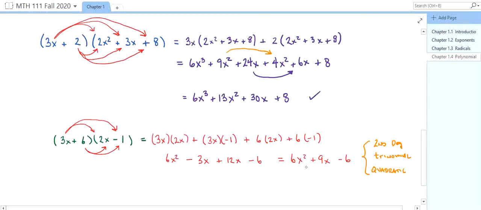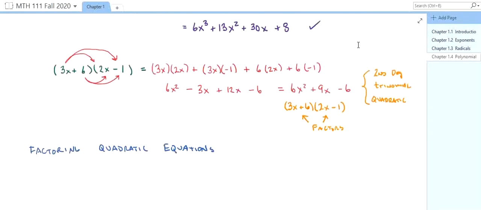What's neat about this is that often, not always, you can take a quadratic equation and find what we call the factors of it, which we already had over here. So these are our factors of this quadratic equation. That's another way of looking at that.